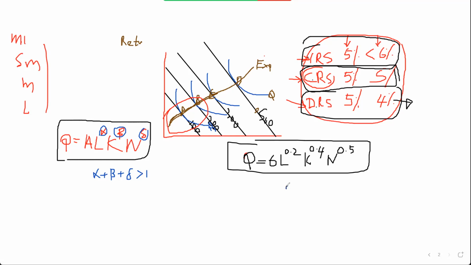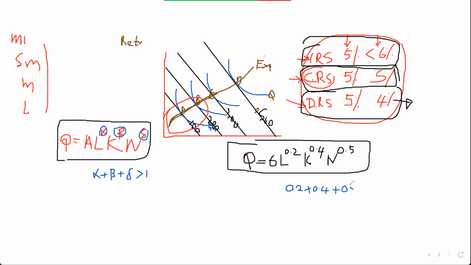Now, for example, let's say here, you can see 0.2 plus 0.4, which means the labor output elasticity is 0.2, capital output elasticity 0.4, human capital 0.5.